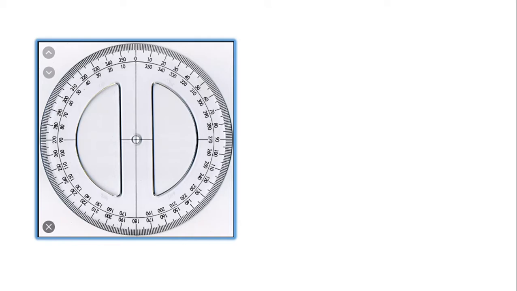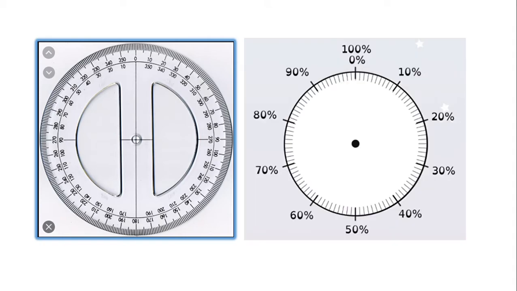Okay, now, you probably don't have a protractor like this at home, but this is a full 360 degree protractor. We don't use these at school, but I'm showing you this next to the other diagram because it shows you how you have to think differently about degrees when you're drawing the pie chart than you do about percentage.